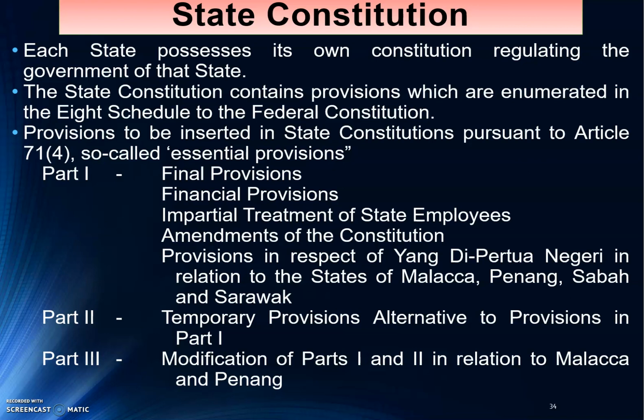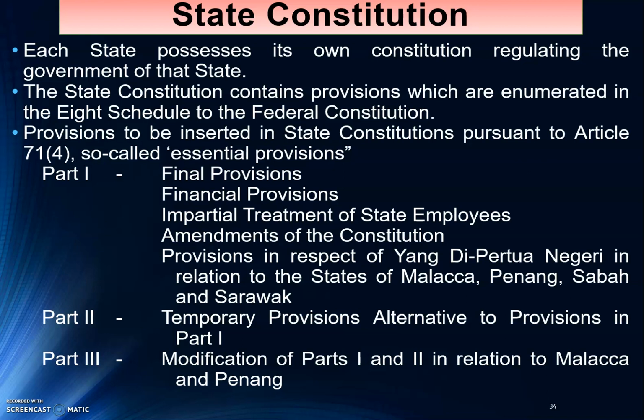Part 1 is the final provisions, impartial treatment of state employees, amendment to constitution, and any other provision with respect to the states of Malacca, Penang, Sabah, and Sarawak. And part 2 has temporary provisions alternative to the provisions in part 1, and part 3 is on the modification of part 1 and part 2 in relation to Malacca and Penang.